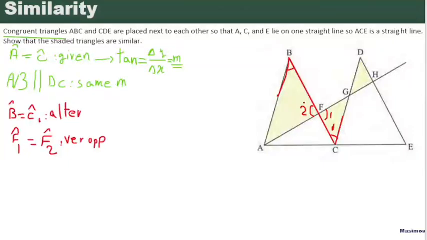And we know for any triangle, the sum of all the interior angles equals 180. So from these two angles, I can prove that angle G1 equals angle A.